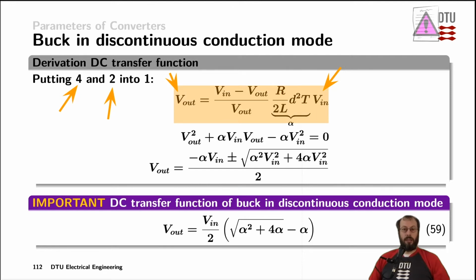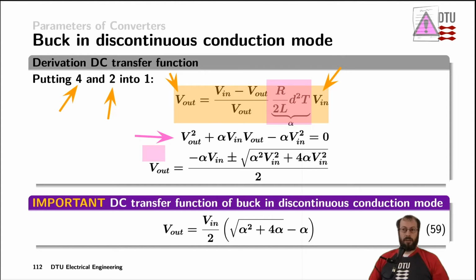To rewrite it a little shorter, I'm defining the factor alpha here. Alpha is dependent on the load resistance, on the inductance, on the duty cycle, and on the switching frequency or the period time T. That means we can rewrite the whole equation above into the quadratic equation down here, where V out is the dependent parameter that we want to solve for, and alpha and V in are just constants and are treated as such to solve the equation for V out.